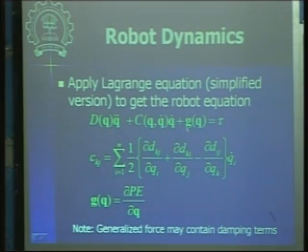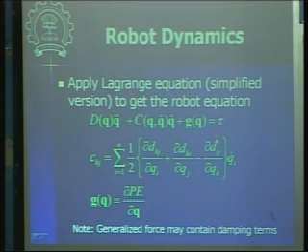We will use this formula to get your C matrix, and then this G vector here is different from the gravity vector. This G vector is given by differentiating the potential energy terms. And then this tau is the generalized force acting in the direction of the generalized coordinate.